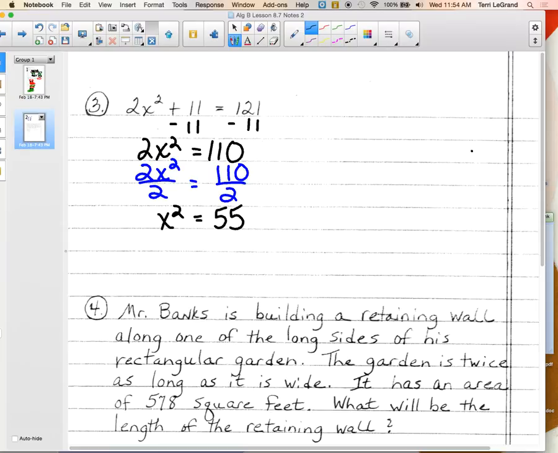So that means if 55 lies between 49 and 64, the square root of 49 is 7 and the square root of 64 is 8, so the square root of this has to be 7 point something, doesn't it? Yes. Okay, now let your calculator finish thinking for you.